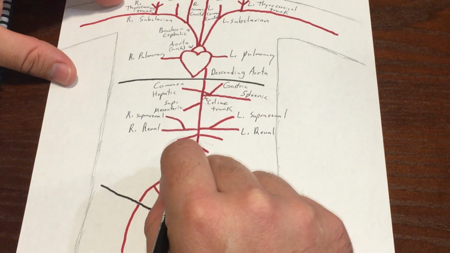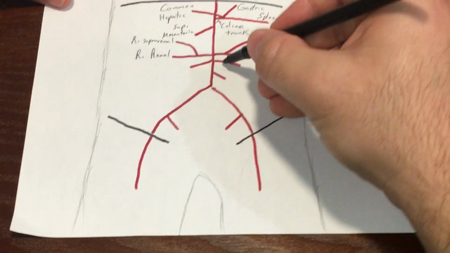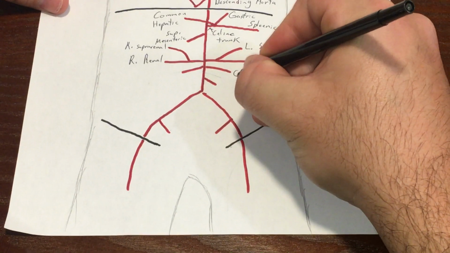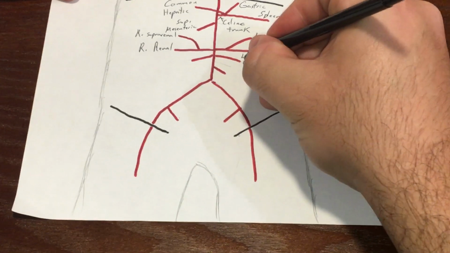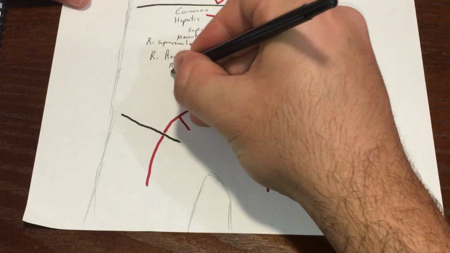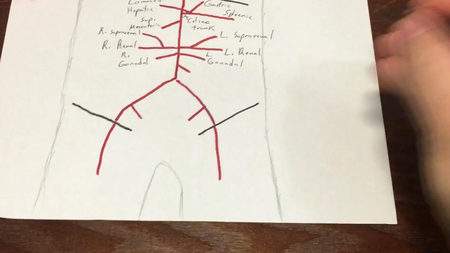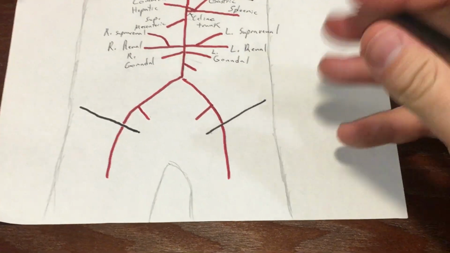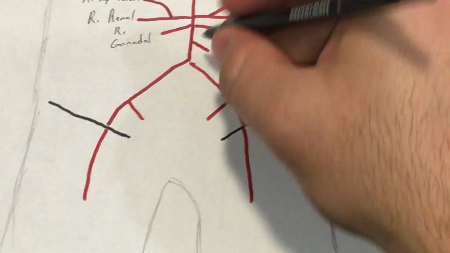Okay, going down the descending aorta, some people also call it the abdominal aorta. Then you're going to have your left and right gonadal arteries. You're never going to say gonadal, though, on a lab exam. It's always either going to be testicular or ovarian, depending on the cadaver that you see in A&P revealed.